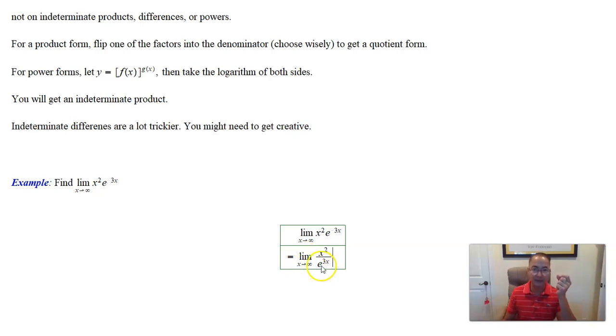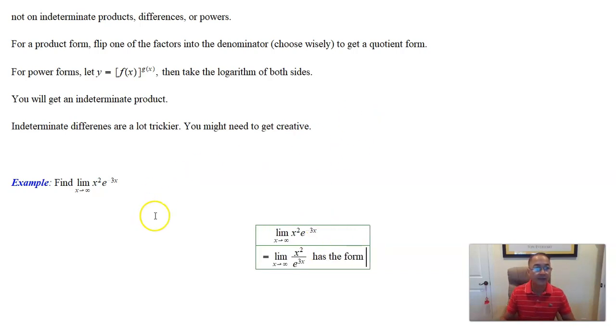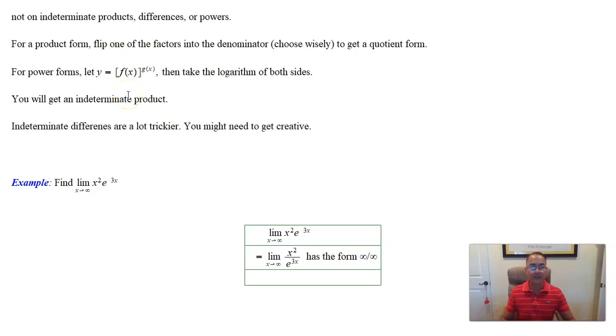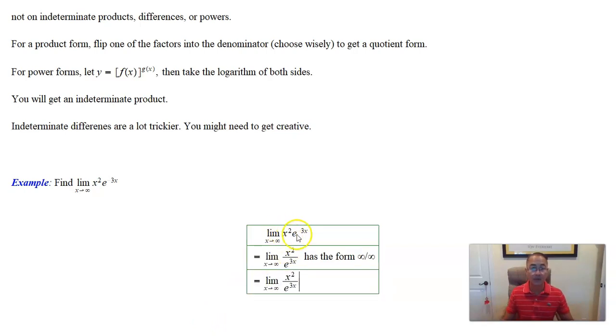As x gets bigger and bigger, e to the 3x is approaching plus infinity. X squared is still approaching plus infinity. So this has the form infinity over infinity, and we can apply L'Hopital's rule to this quotient. Again, don't do it directly here.